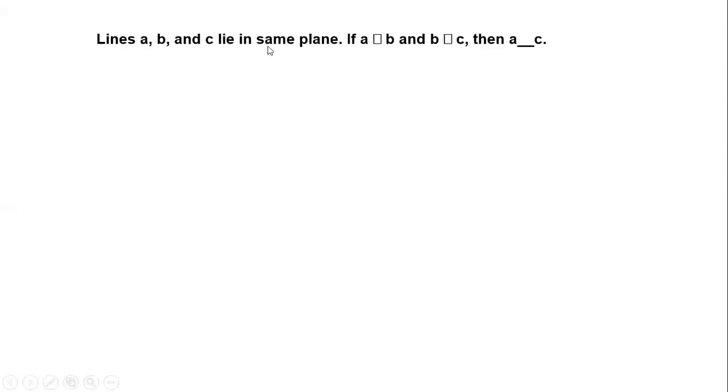lines A, B, C lie in the same plane. Now if A is perpendicular to B and B is perpendicular to C, then what is the relationship between A and C? Now first of all, you need to understand what we mean when we say same plane.